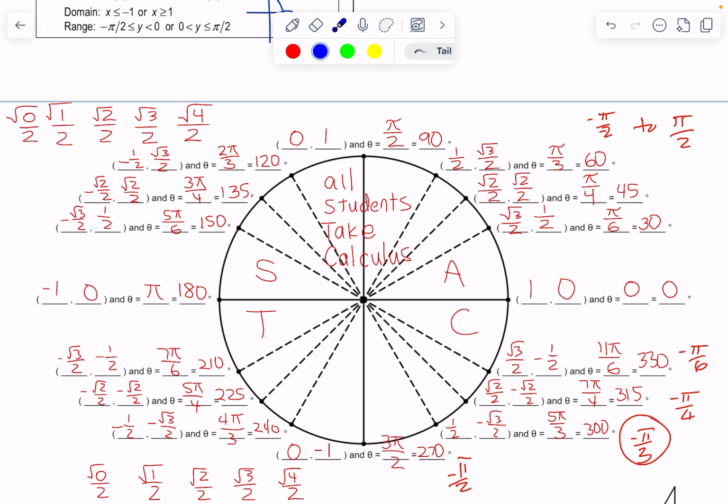We're actually looking at this section over here, because our restriction for cosecant is from negative pi over 2 to pi over 2. Cosecant is 1 over y, so we're looking at this y value, between negative pi over 2 and here.